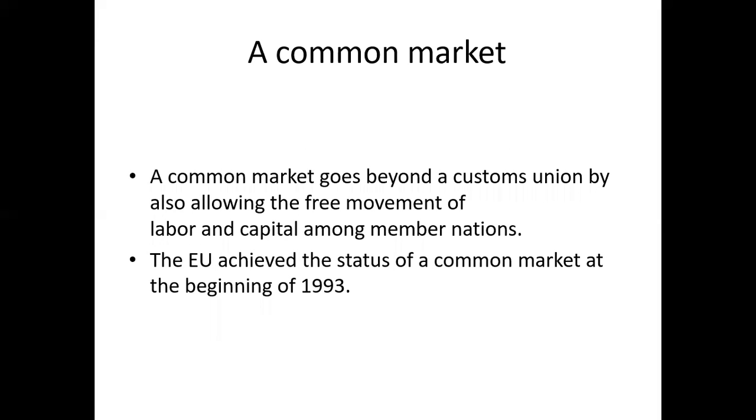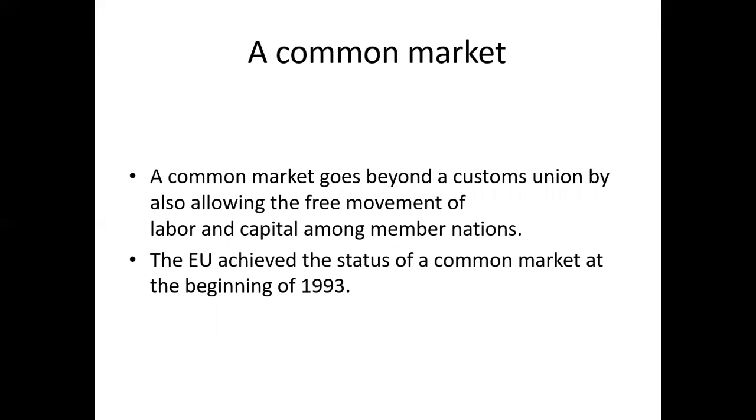Now, a common market. This is again one step forward from the customs union. A common market goes beyond a customs union by also allowing the free movement of labor and capital among member nations. See the difference? If India, Pakistan, and Sri Lanka were to form a common market, Indians would move easily to Pakistan without any visa and passport.